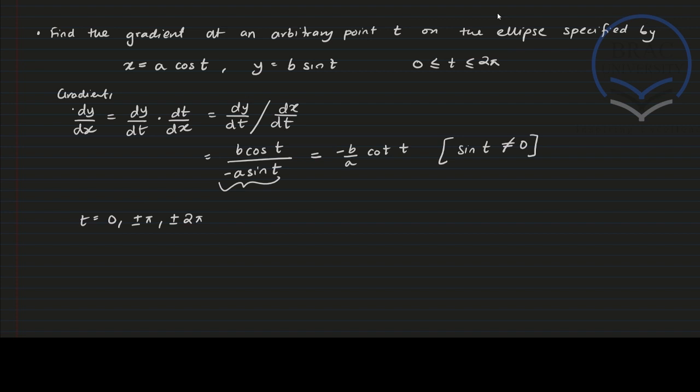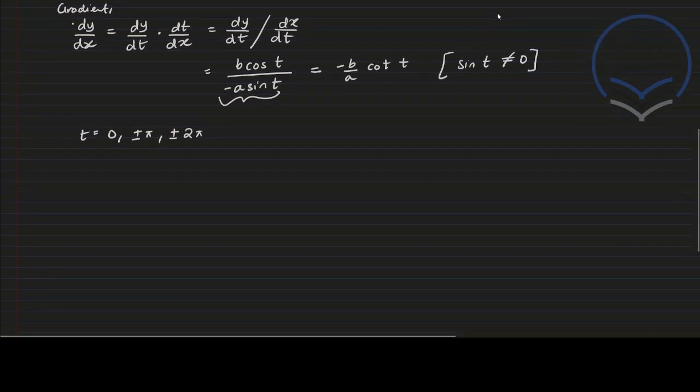Now we're going to look at another example where we will see how we can use parametric differentiation to solve it. The next example has the same ellipse, where x equals a cos t and y equals b sine of t, and the range of t is the same. But for this question we are asked to find d squared y by dx squared, which is the second derivative.